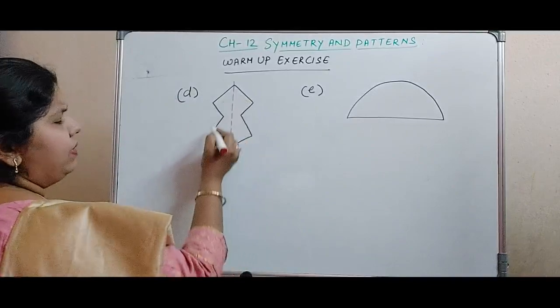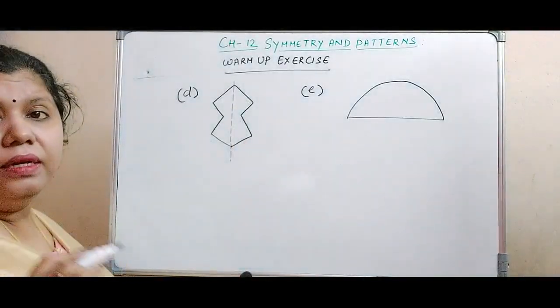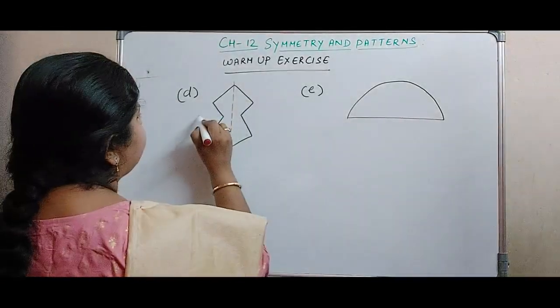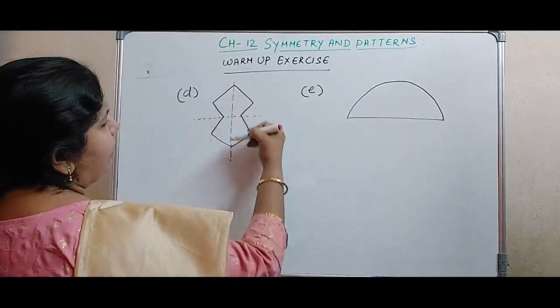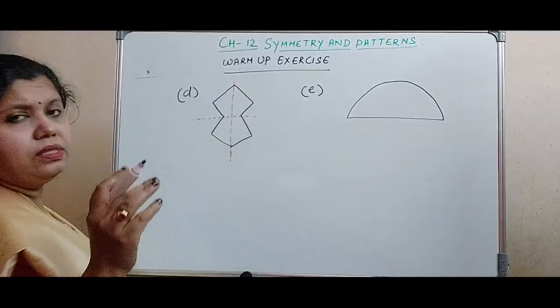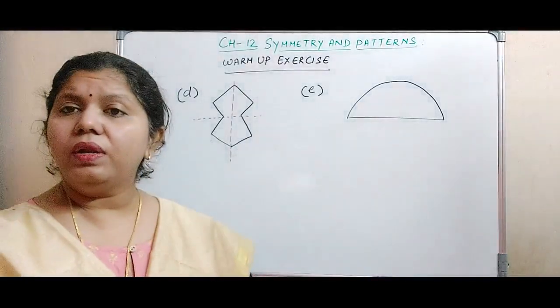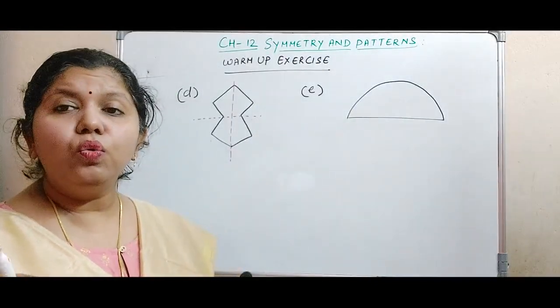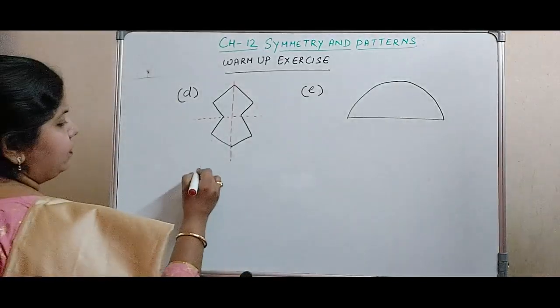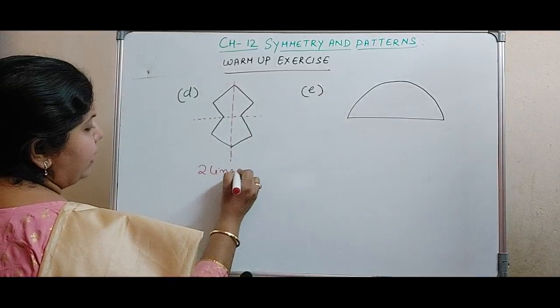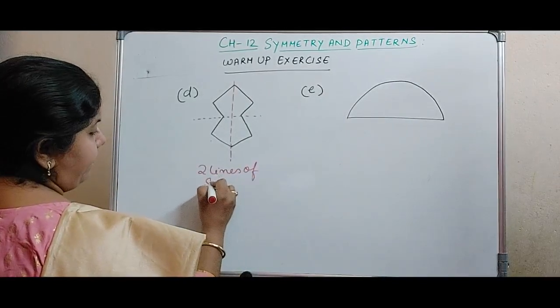So I think in this figure this will match. And another thing is, suppose you are folding it in this way, then this thing will also overlap with this. So this shows that this particular figure has got two lines of symmetry. So for possible lines of symmetry, you will write here two lines of symmetry.